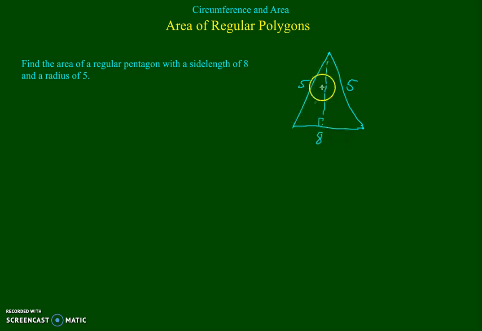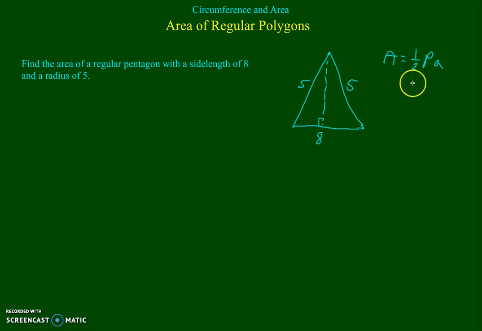Now the fact that this is an isosceles triangle is kind of important in that we know that this triangle and this triangle are congruent. And what that means to us, we'll see very shortly when we try to find the length of this apothem. Because in order to find the area of the regular polygon, it's 1/2 perimeter times apothem. Well, the perimeter is easy to calculate because it's just the side length times 5, which is the number of sides.